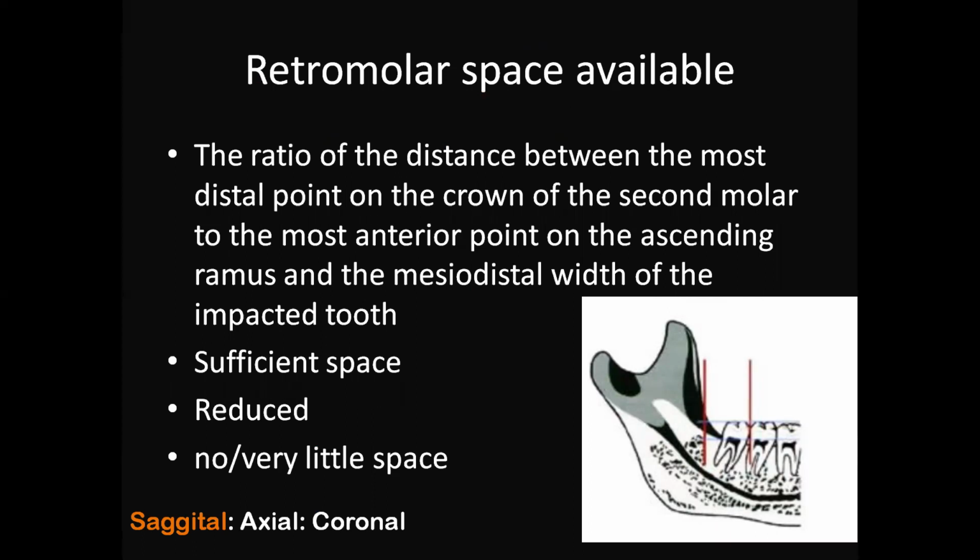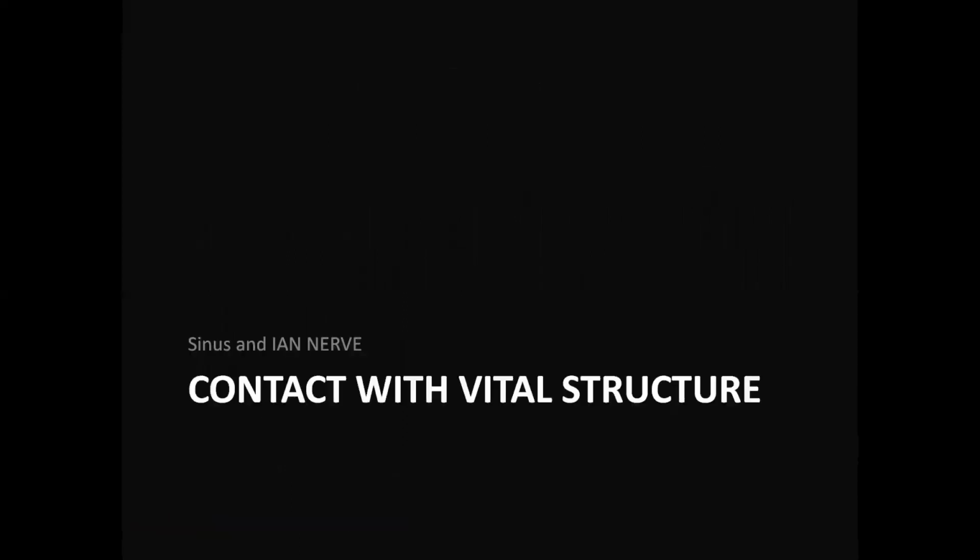If there is sufficient space, the bone covering the third molar would be less. If there is less, there would be more ascending ramus covering the third molar, and that would be the amount of bone which needs to be removed. This is more common in limited jaw size and in the distally inclined third molar. This again would be seen in the sagittal section.